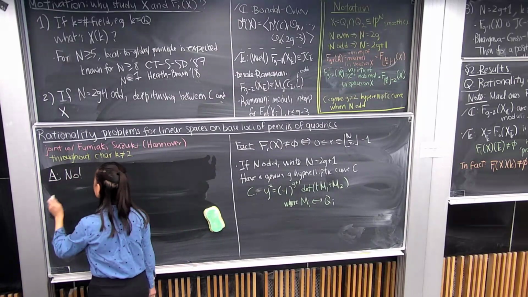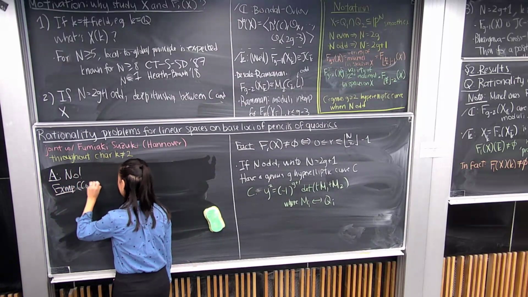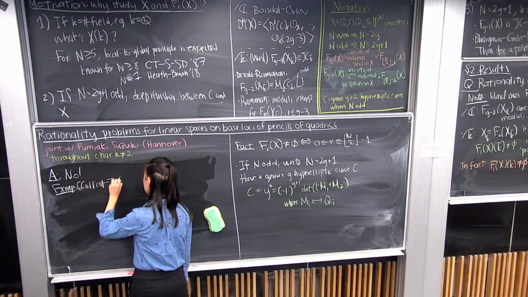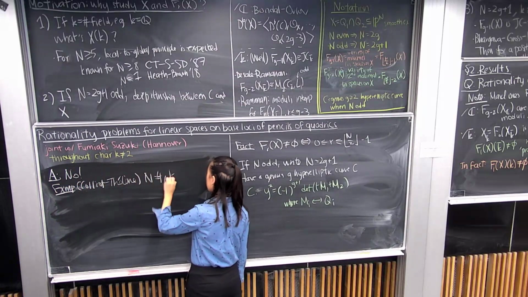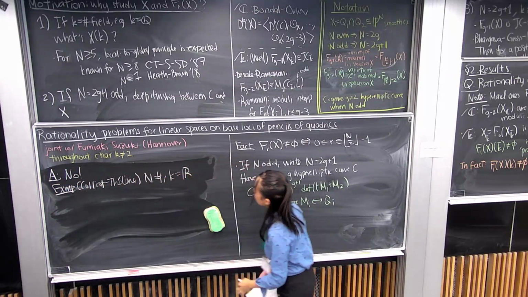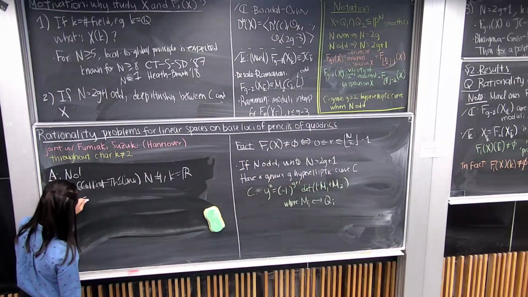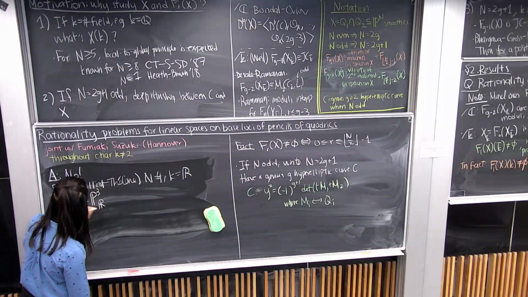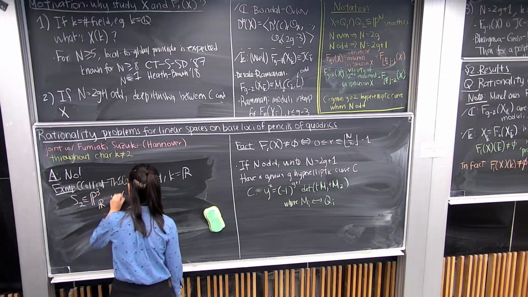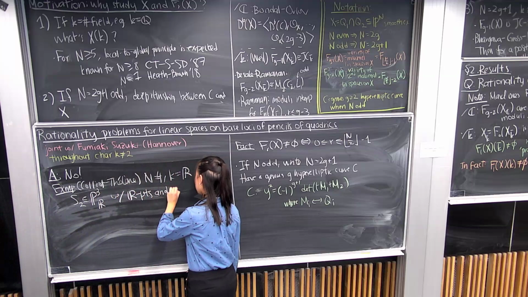This example is due to Lene. This is for n equal to 4 and the field of real numbers. To construct this example, first we take S, a quadric surface inside P3 of R, a quadric with real points and no real lines.